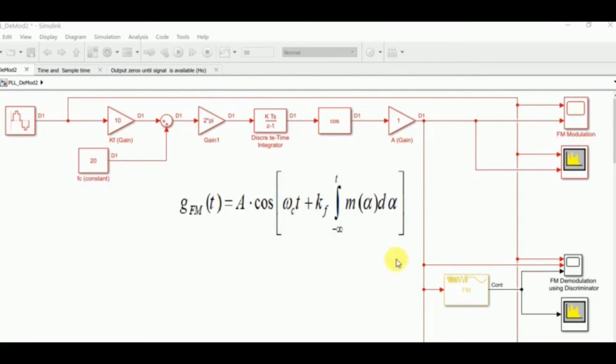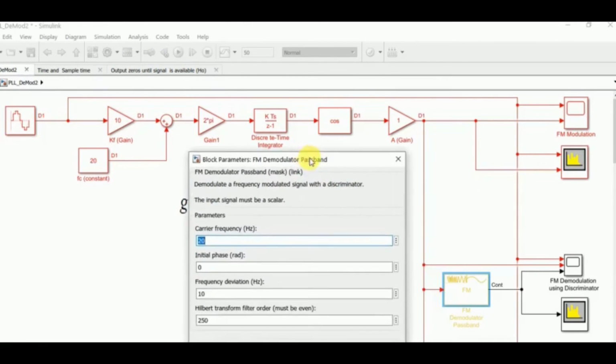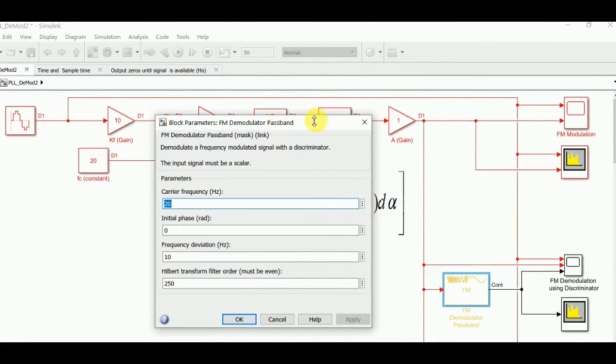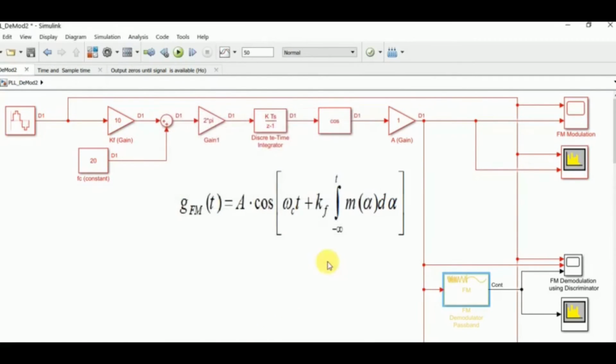So we use the FM demodulator passband, which has a carrier frequency of 20 Hz, consistent with our original generation, and the frequency deviation is simply 10 Hz, as expressed over here. And I have set the order of the filter to be 250, right?